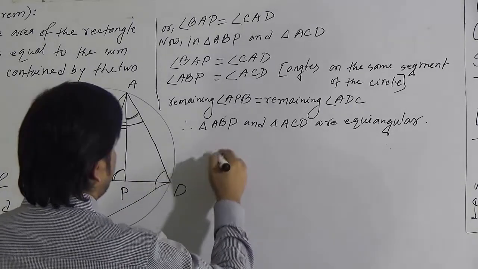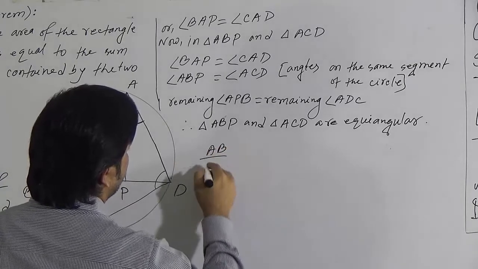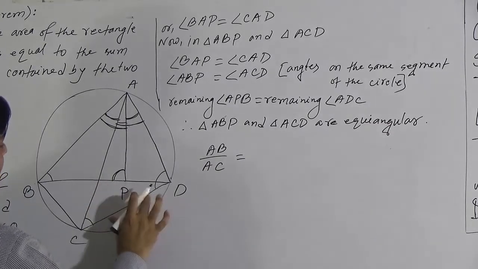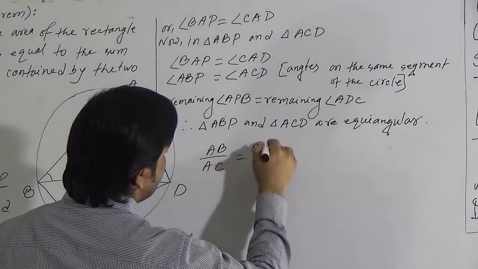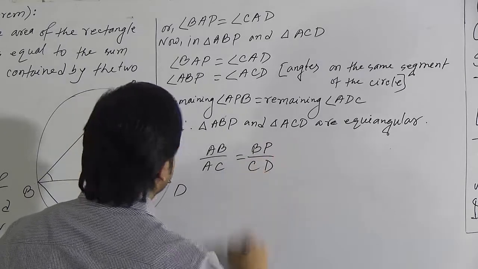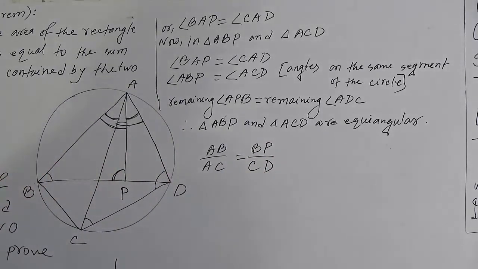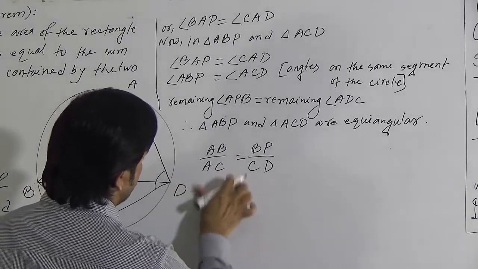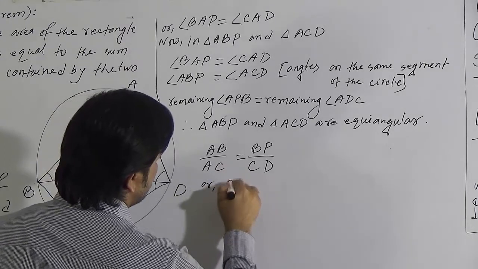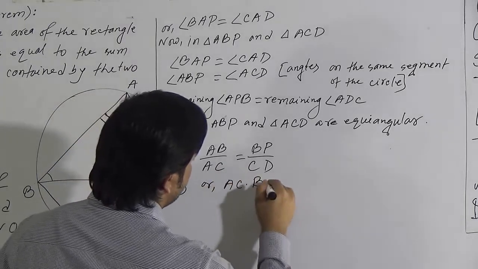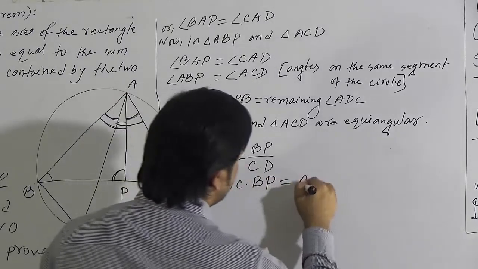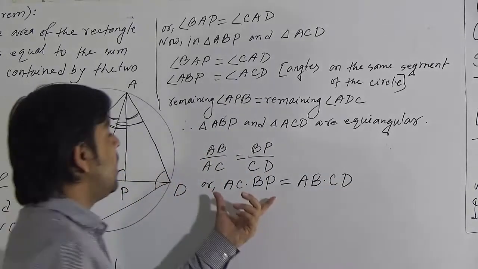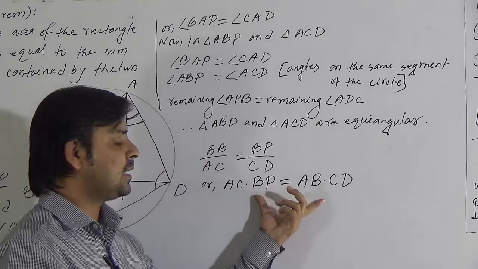So we can write AB by AC is equal to BP by CD. Now if we multiply, what will we get here? AC into BP is equal to AB into CD. If we do the cross multiplication between these two fractions, we will get this term.